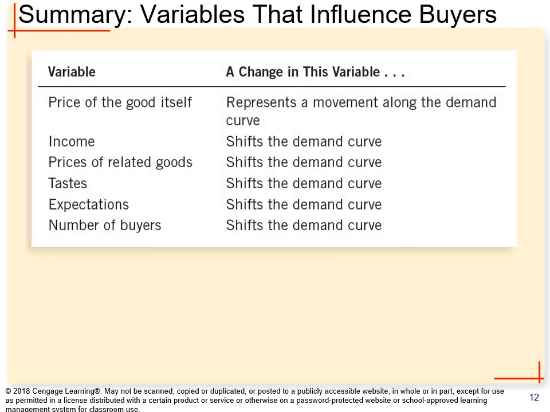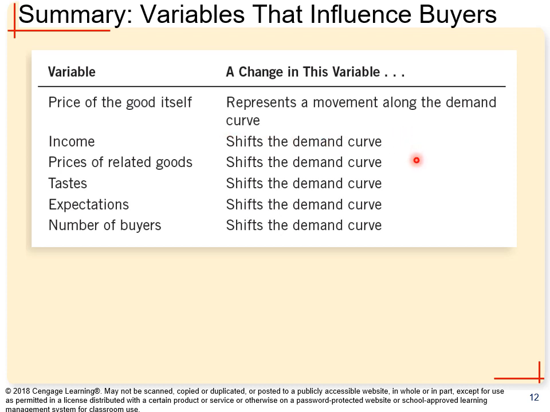Here are the most influential variables that affect the decisions of buyers and the quantities demanded. If we think about the price of good X itself, then a change in this variable is represented as a movement along the demand curve. However, if we think about other determinants of demand, like changes in income, that will shift the demand curve in ways we're going to describe in a moment.